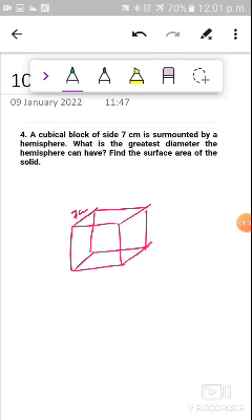Okay, so the hemisphere will be this, this is the hemisphere, and this is the base of the hemisphere, right?